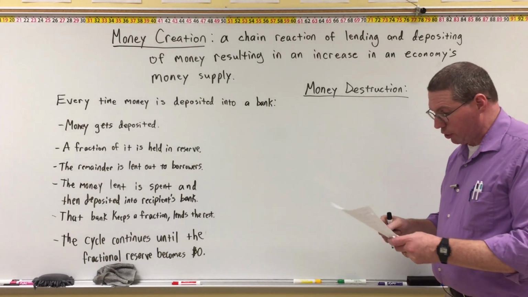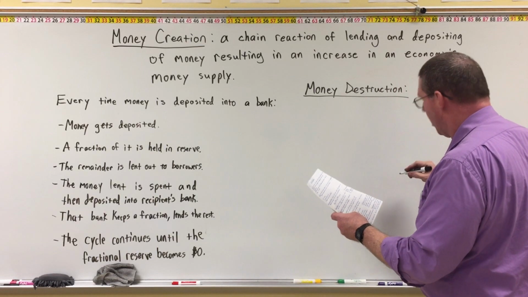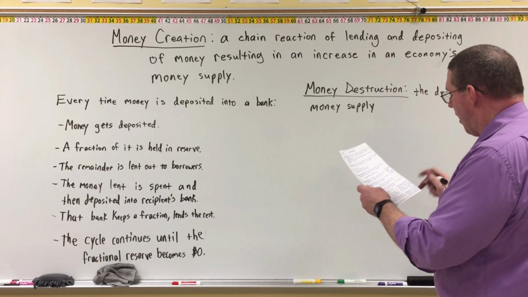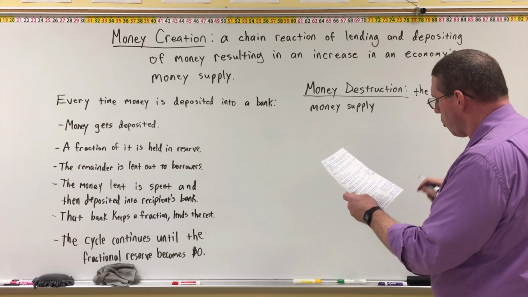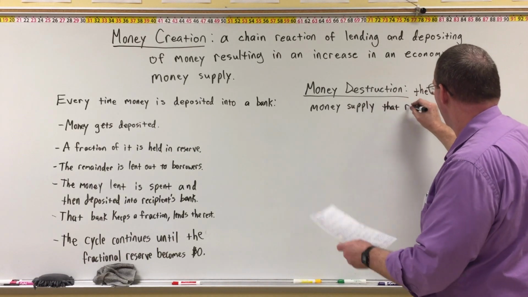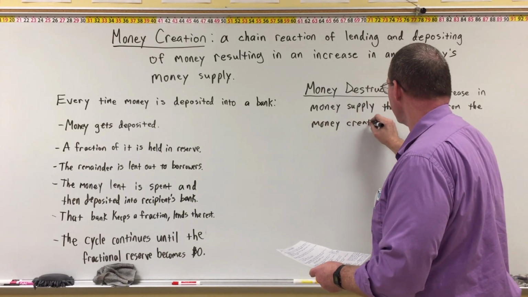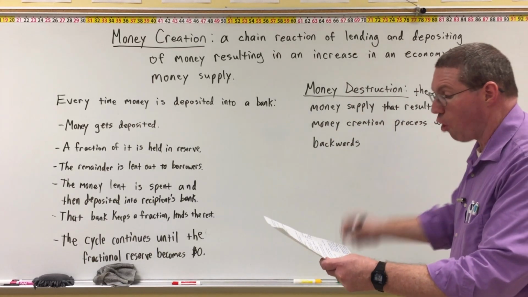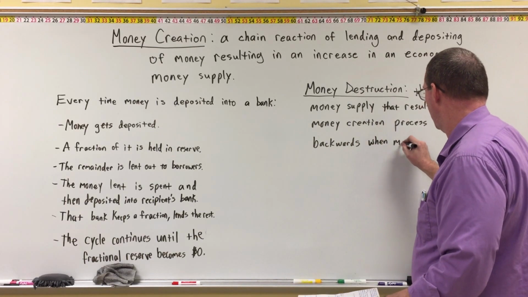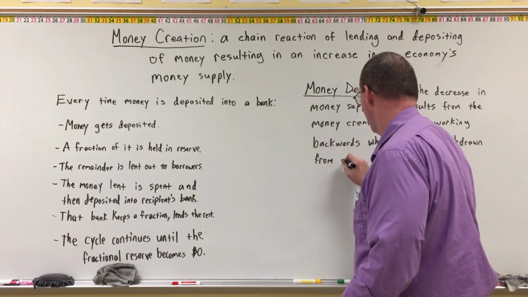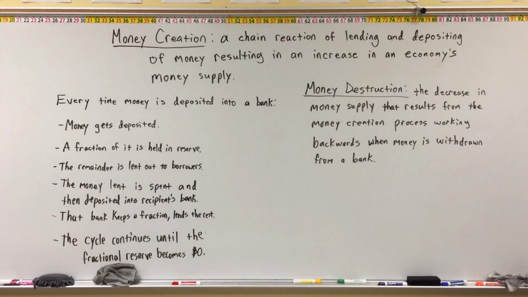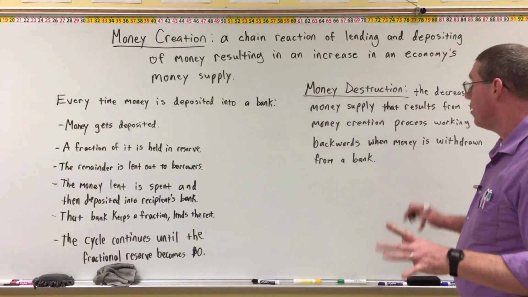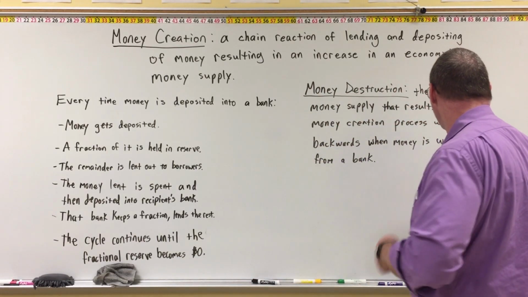All right, so money destruction is the decrease in money supply that results from the money creation process working backwards when money is withdrawn from a bank. And so it's the exact same process. It's based on the potential deposit multiplier. It's based on, instead of the initial deposit, now it's the initial withdrawal.